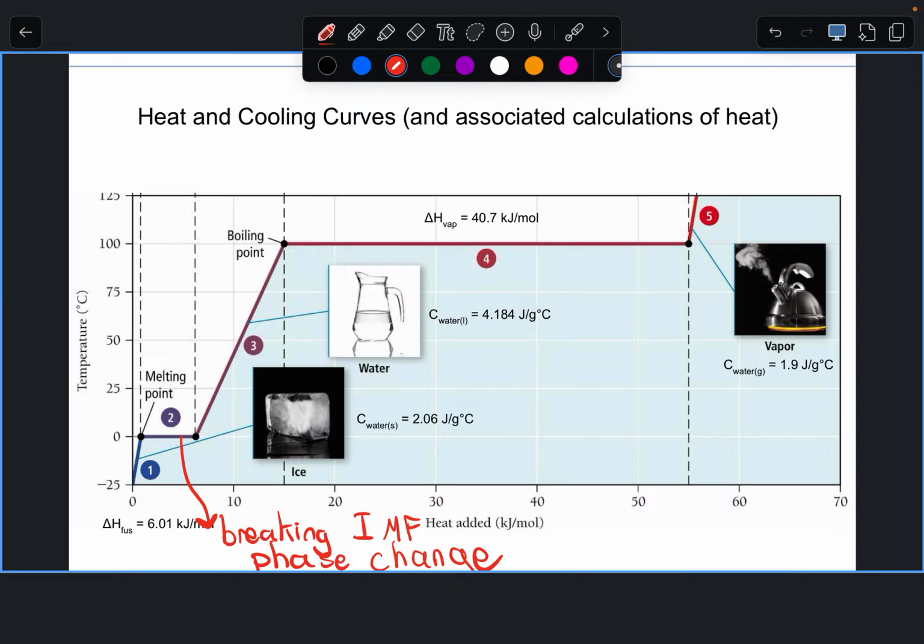Any energy you add in, you leave it on the stove, that's just going to go to breaking the intermolecular forces. It's not going to increase the temperature. Once you get to all vapor, all steam or gas phase, then you can increase the temperature. So you can get steam that's at 110, 120 degrees Celsius.